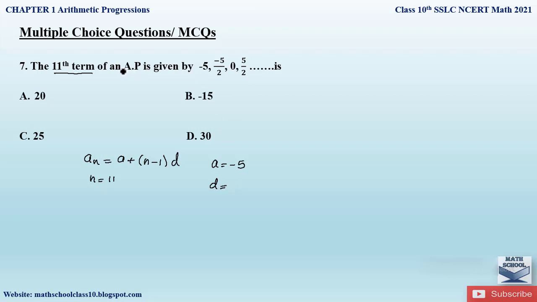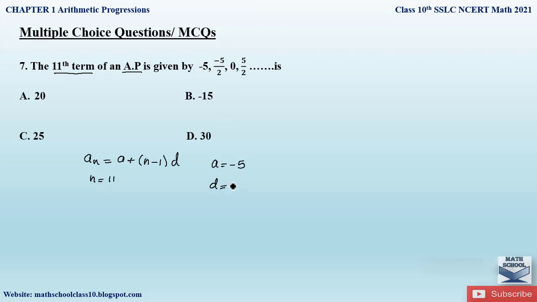Now here they have given us that it is an AP. So whenever they give us that a given list of numbers is an AP, then the common difference will be same between all the terms. So therefore we can find out the common difference by using any two terms. So here let us take a2 minus a1.